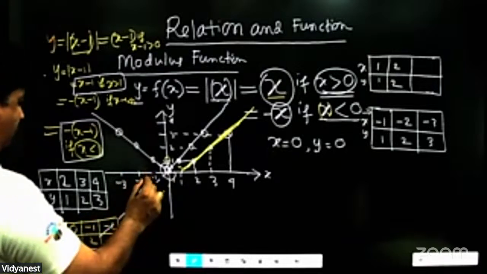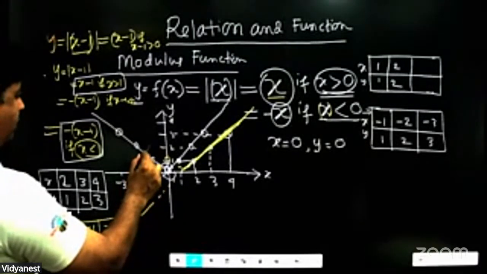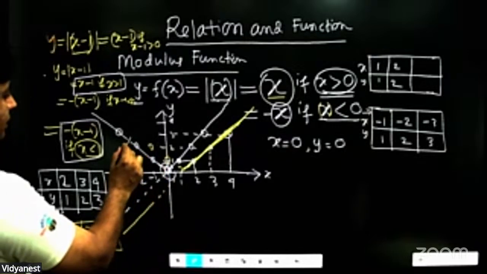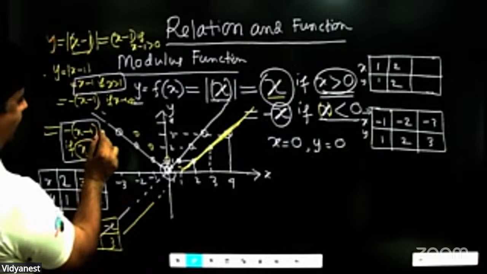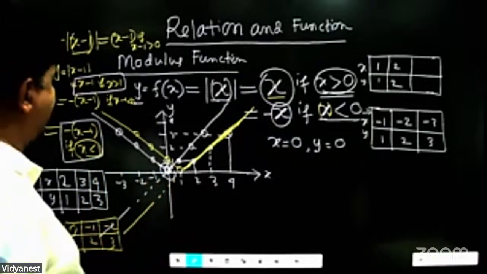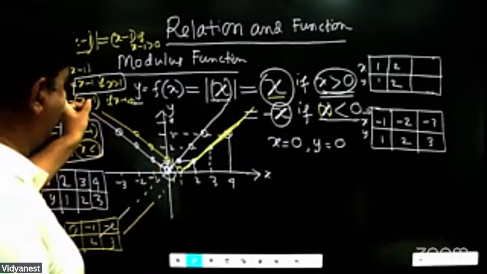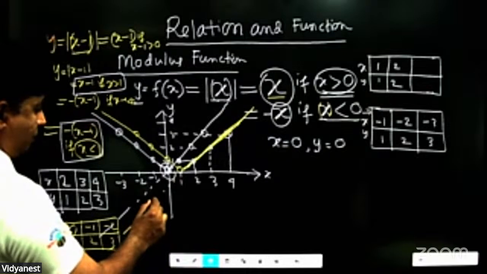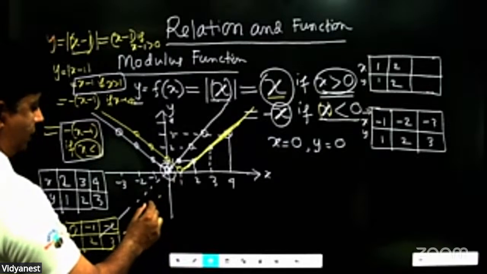Once you put minus 1, it will be 2. Once you put minus 2, it will be 3. So the line will be like this. Okay? Same V-shape line you are getting. So this part will be removed.